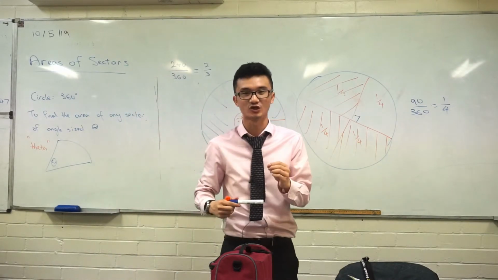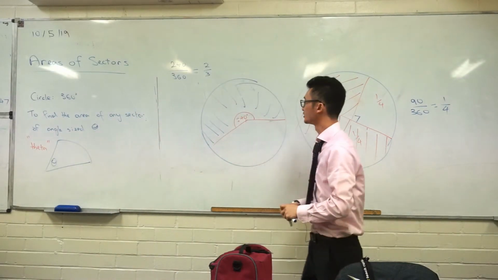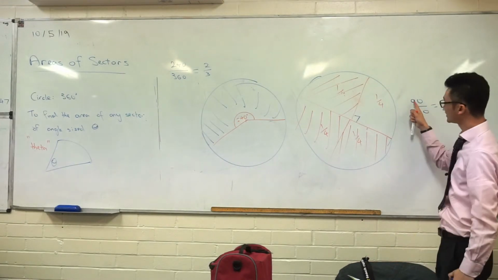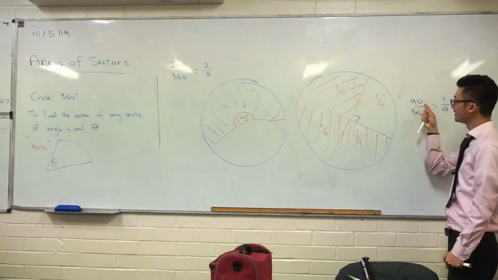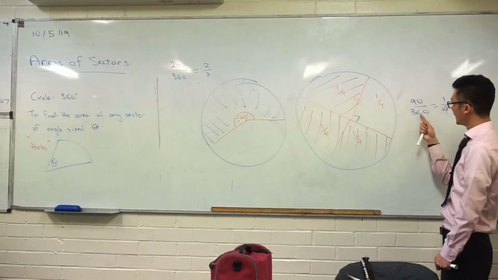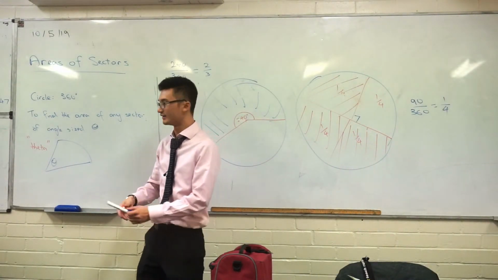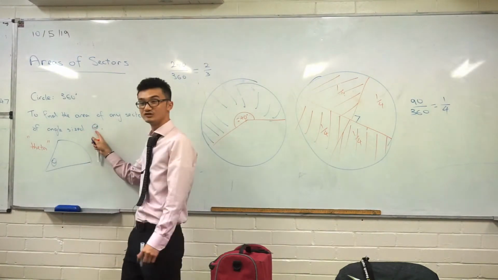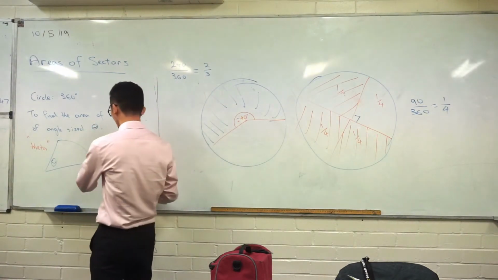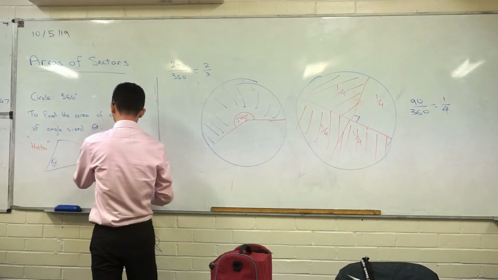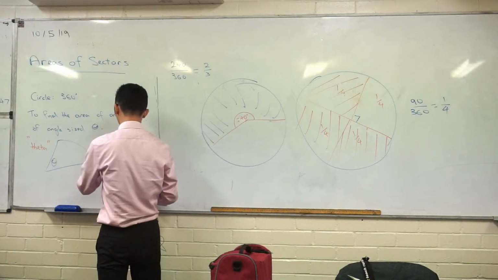We need to think how much of a circle we have. And we know how to express that. We express that by taking the angle at the center and dividing it by 360. So the power of this is I can say, instead of writing any angle, I can use this symbol here. The formula for the area would be theta over 360. That's how much of a circle I have.